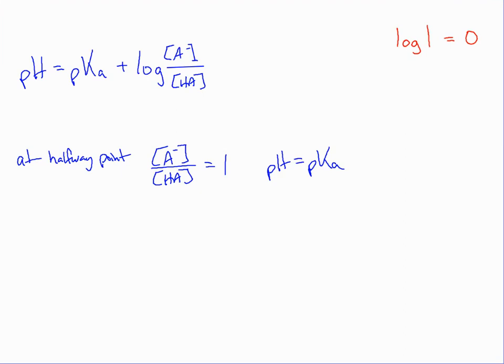So before the halfway point, what do you have more of? The anion or the acid? You're starting with a lot of acid and it's being converted to anion. So before the halfway point, you're going to have more of this thing on the bottom, and so it's less than 1. It's going to be a fraction, something between 0 and 1.